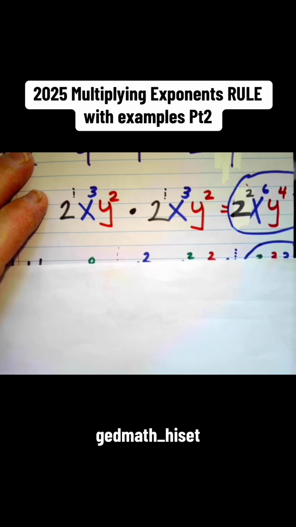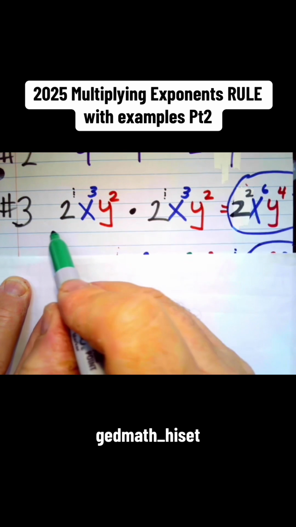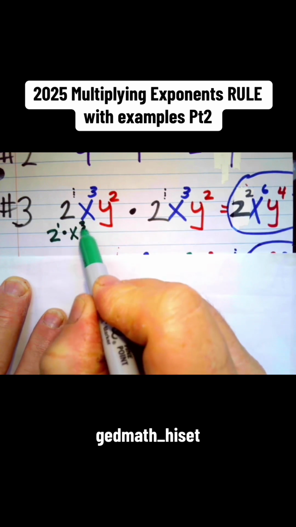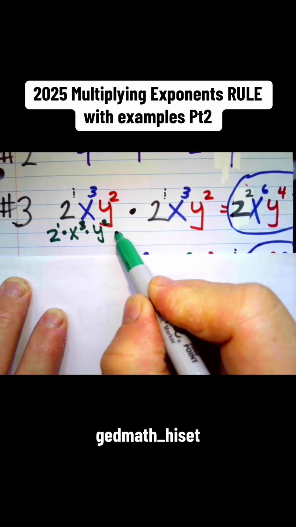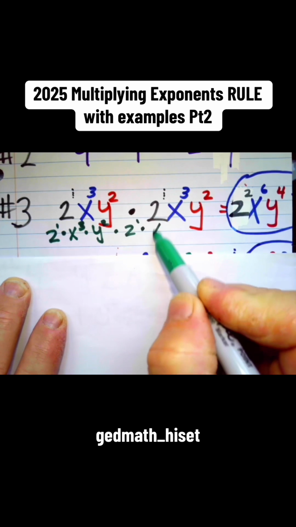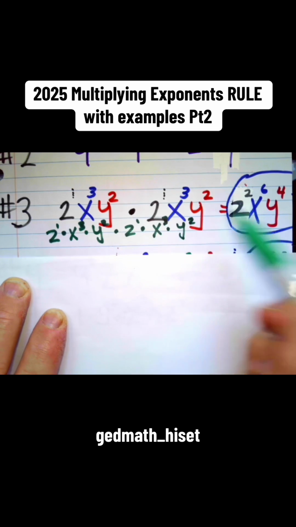Another way you could look at this, I can break it down simply like this. This is 2 to the first power times x to the third power times y to the second power times 2 to the first power times x to the third power times y to the second power.